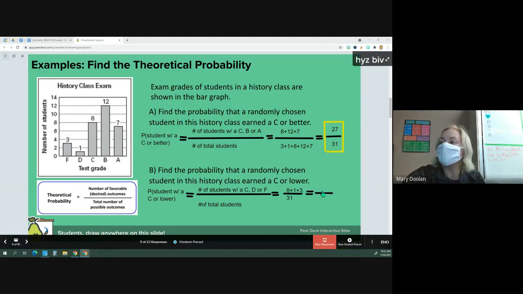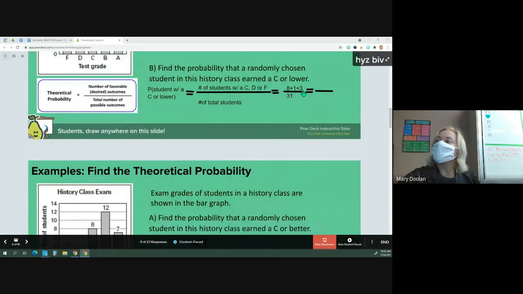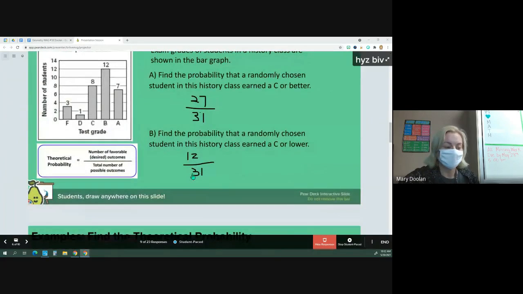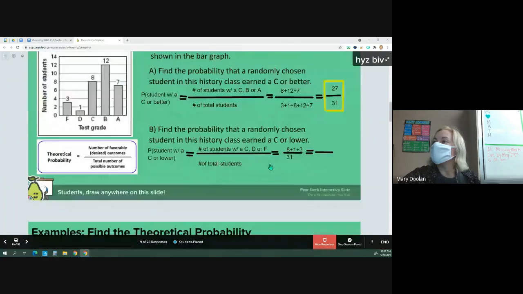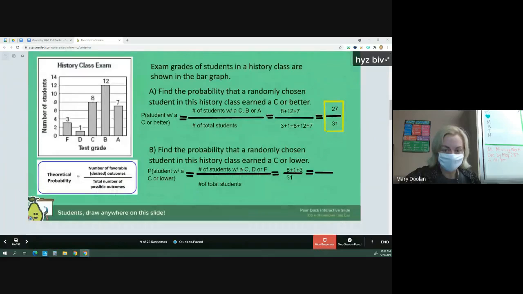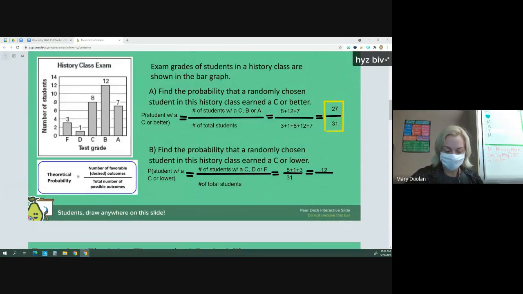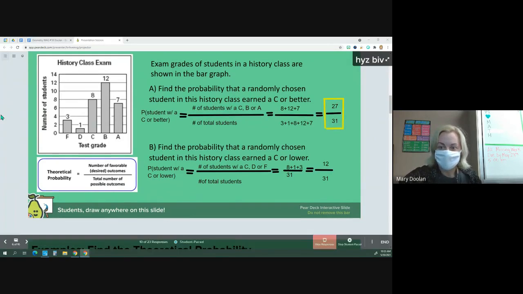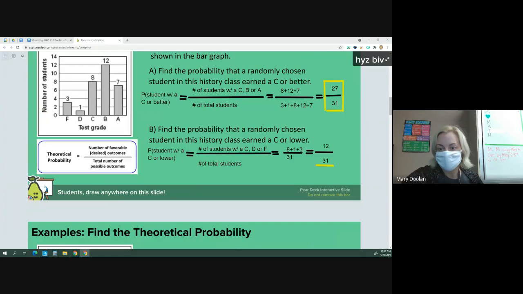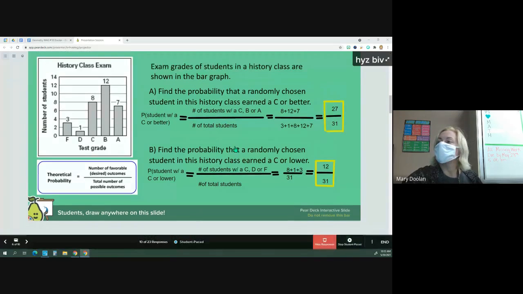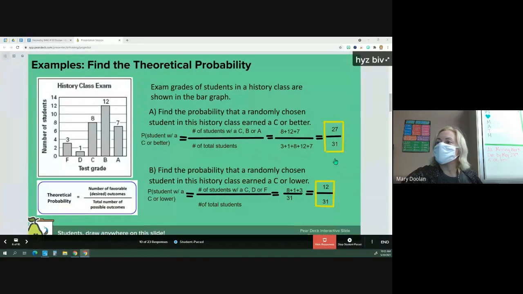And then if I simplify this, the numerator 8 plus 1 plus 3, we get 12 over 31. 12 over 31. Okay, so we found our 2 probabilities here.